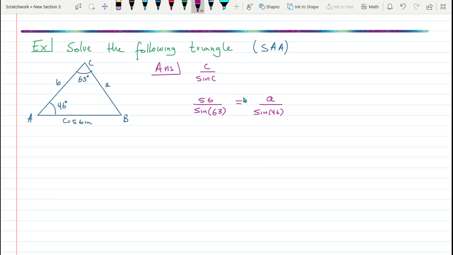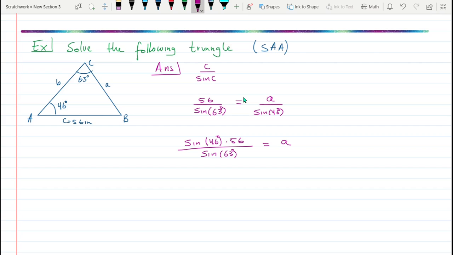Multiply sine to the other side: sine of 46 times 56 divided by sine of 63, and that's equal to A, whatever that length is. Plug it in the calculator, and make sure that your calculator is in degree mode, because if it's in radians, it'll give you an answer, it just won't be the right answer.